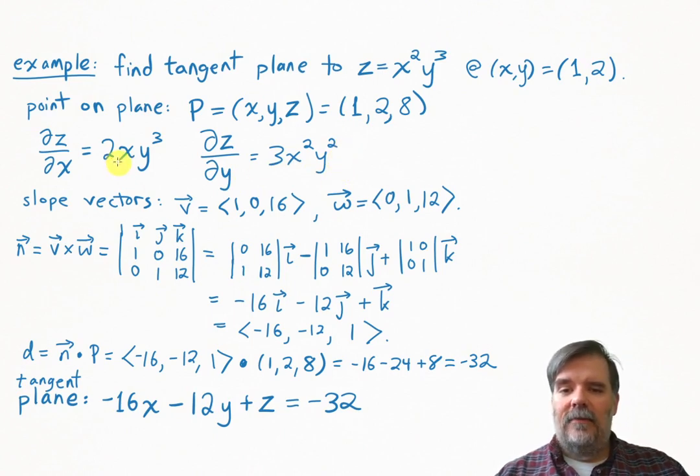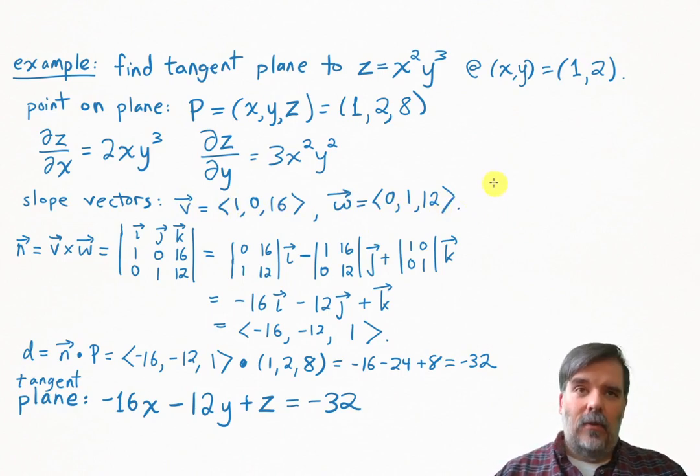And then, if we evaluate these partial derivatives at this point, which is also the same point we used before, we'll find that dz/dx equals 16 and dz/dy equals 12. And that gives us our slope vectors, (1, 0, 16) and (0, 1, 12).